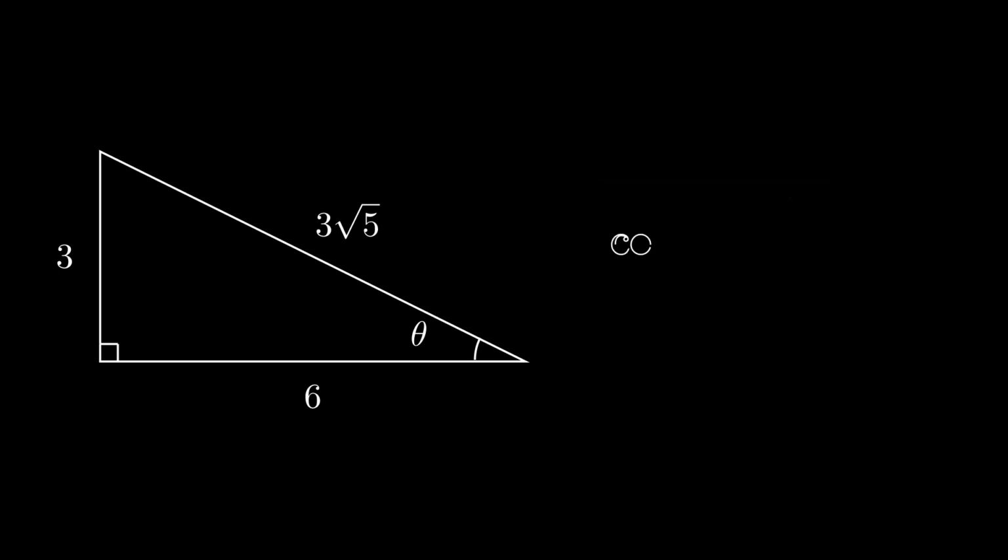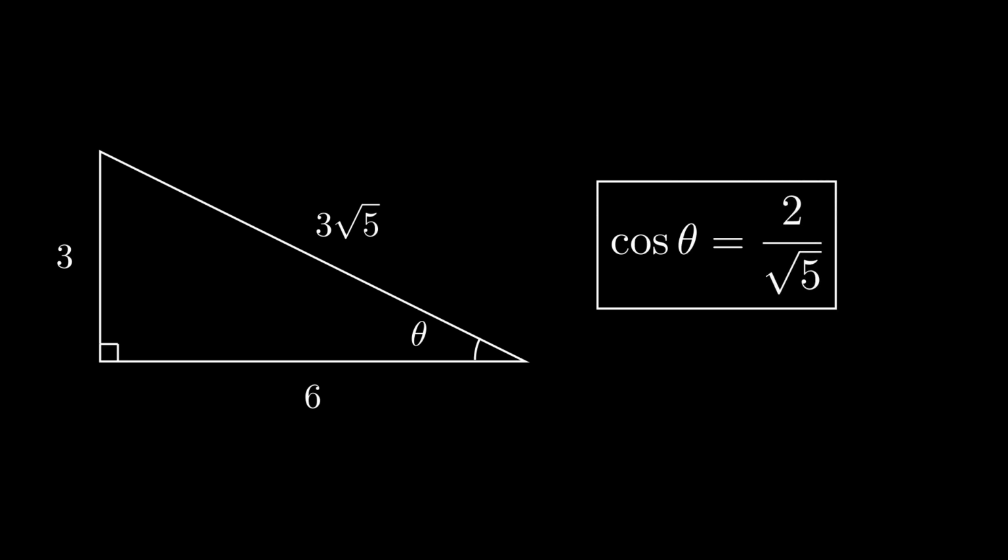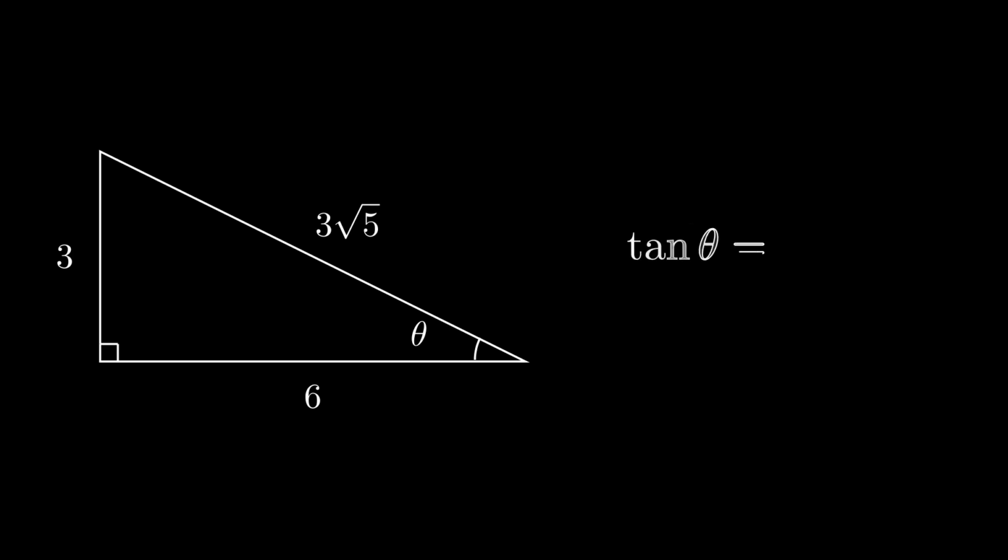For cosine theta, we know that it is adjacent over hypotenuse, therefore 6 over 3 root 5, which simplifies to 2 over root 5 or 2 root 5 over 5 if you were to rationalize. For tangent, we know that it is equal to opposite over adjacent, thus 3 over 6, which nicely simplifies to 1 over 2.